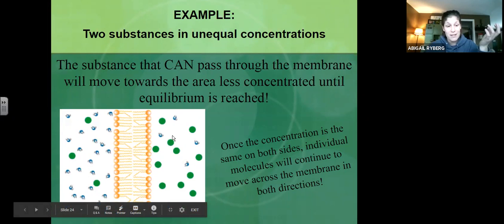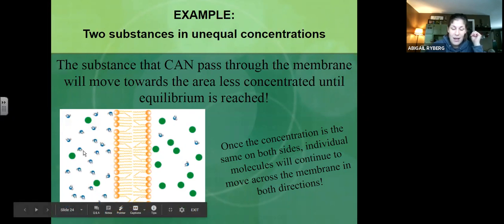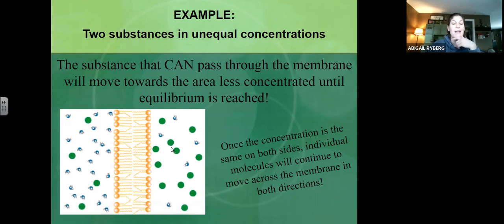So in this case, we're going to see a lot of water molecules moving from high concentration here and moving out of the cell. Again, water molecules are going to move out of the cell to the right until there's the same number of water molecules on both sides of the membrane, and then it will try to maintain that equilibrium from there on.